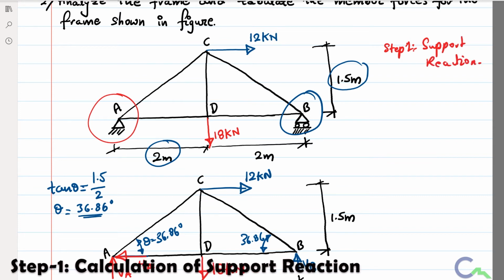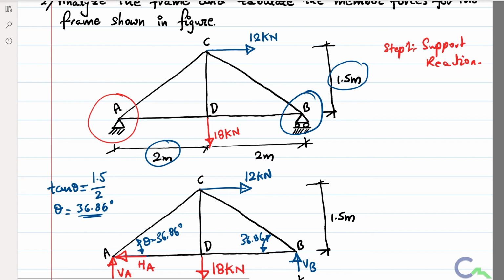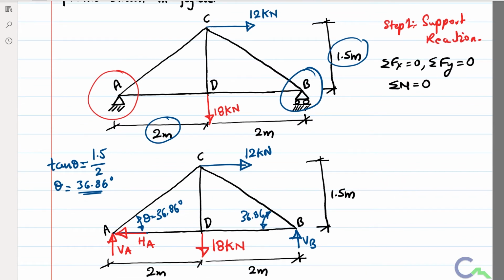So I am going to calculate the support reactions. I will take the equilibrium conditions: summation of horizontal forces is equal to 0, summation of vertical forces is equal to 0, summation of moment about any point is equal to 0. First I am going to do summation of horizontal forces is equal to 0.